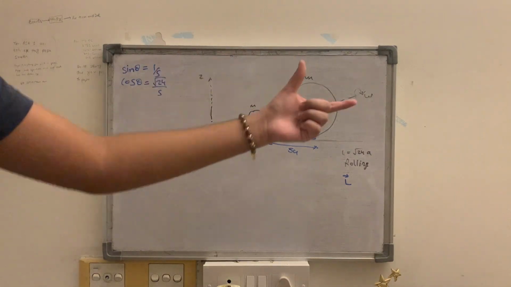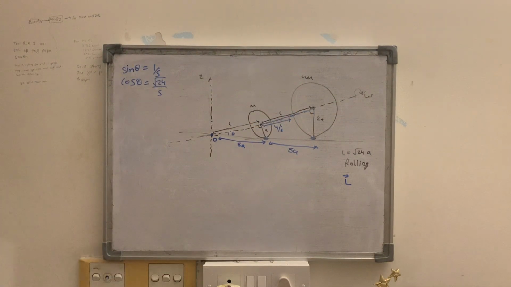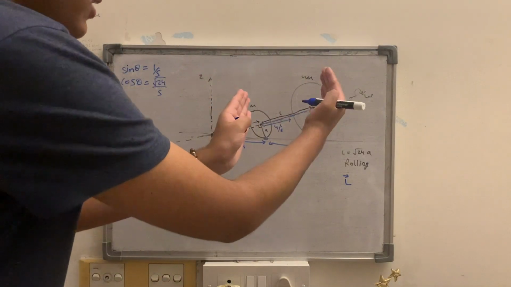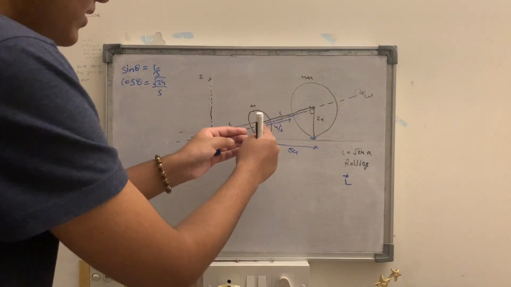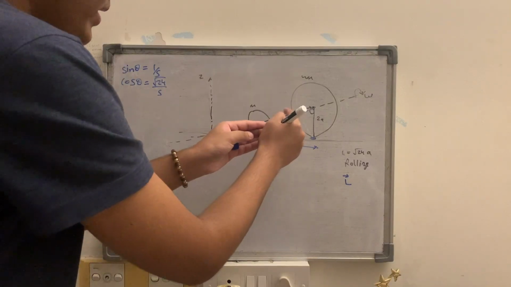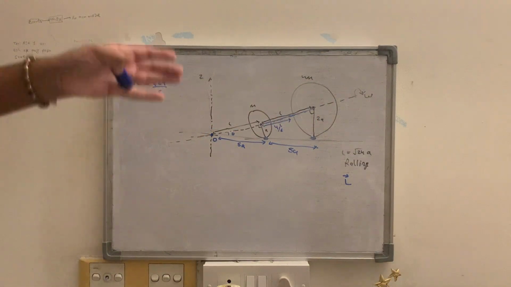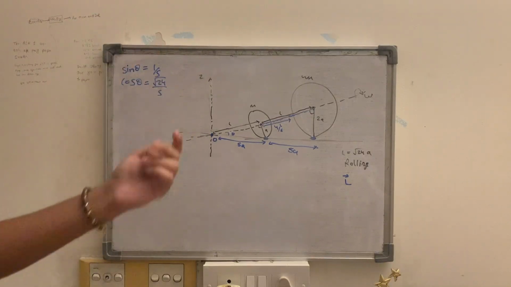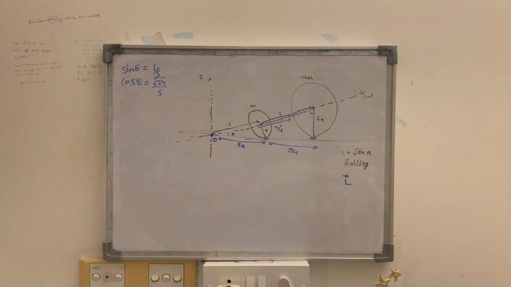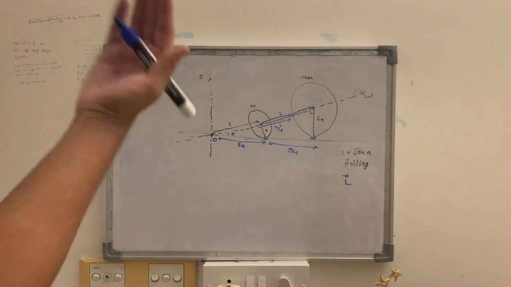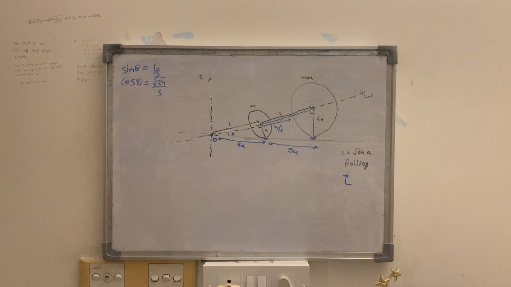Because this is a rigid body, right? So if this whole body is one body, then all these points will have equal angular velocity about the z-axis, even though their linear velocity can be different.